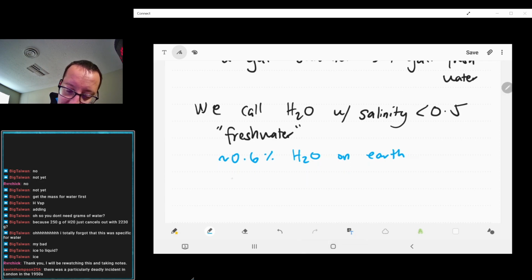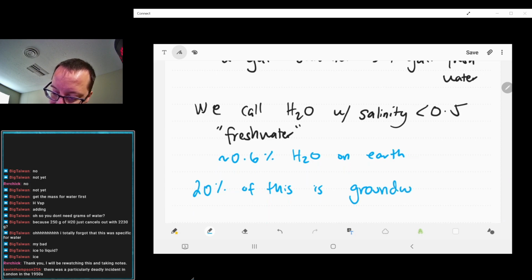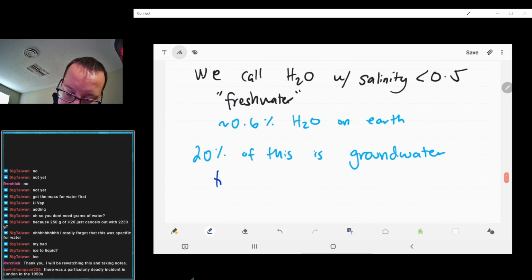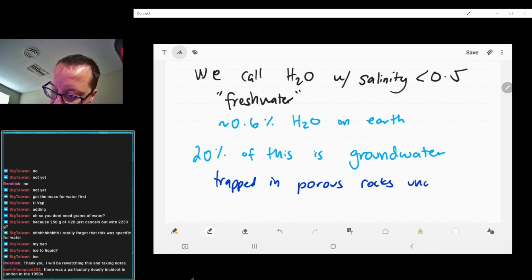However, about 20% of this is groundwater. So that is water that is trapped in rocks beneath the ground. That water is trapped in porous rocks underground.